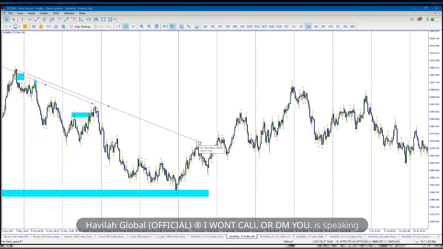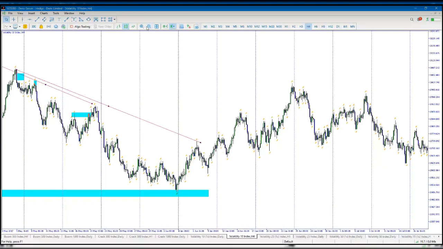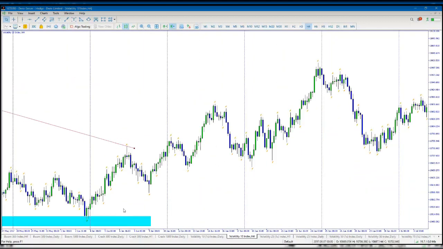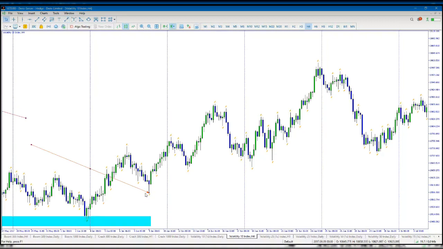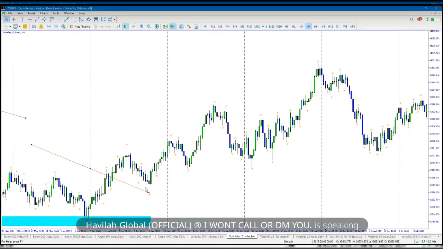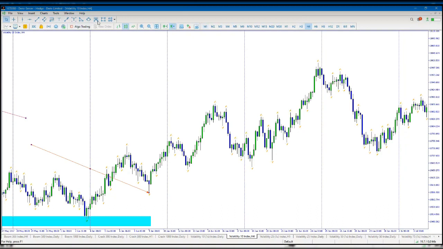So let me see. Price came here, tapped it, broke structure, and then came back down. So why is price turning back from this place? This is an imbalance I'm seeing here.